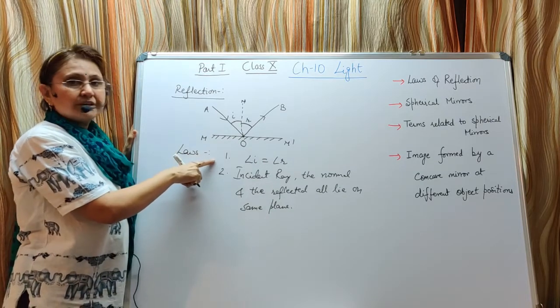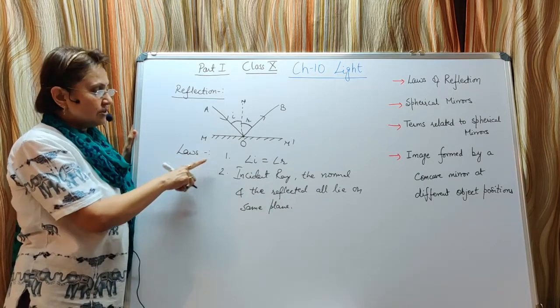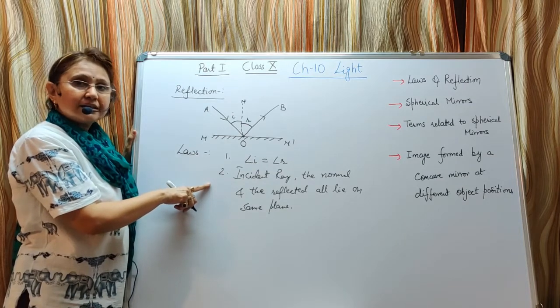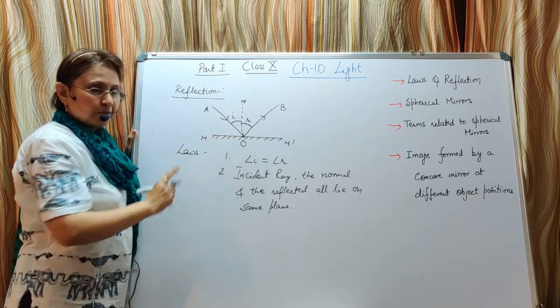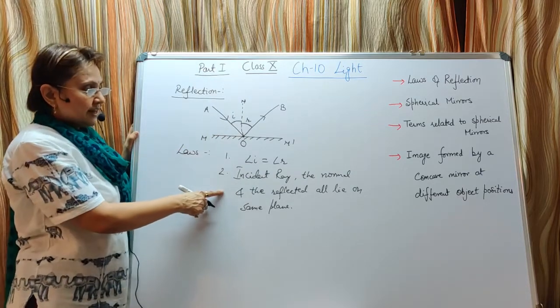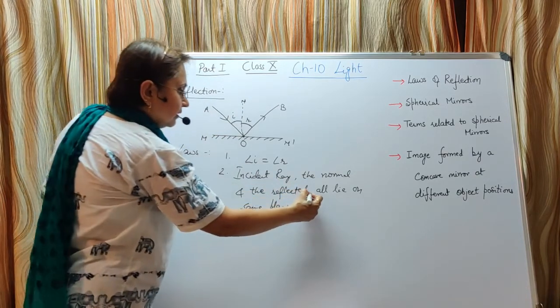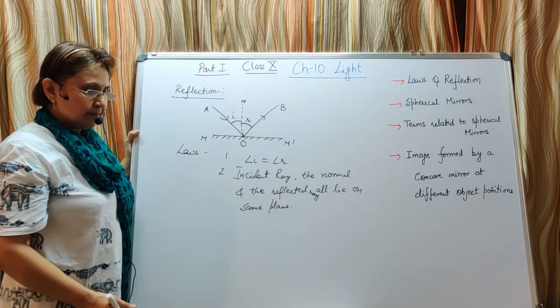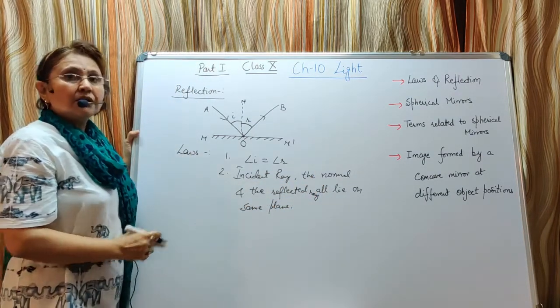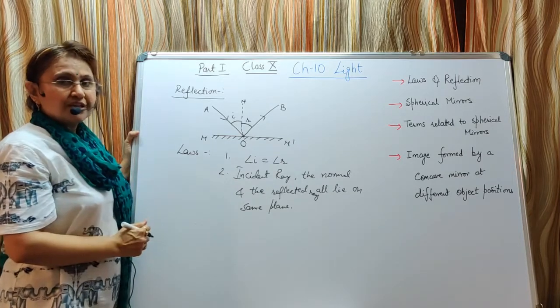The first law is that the angle of incidence is equal to the angle of reflection, and the second law states that the incident ray, the normal drawn at the point of incidence and the reflected ray all lie on the same plane. So these are the two laws of reflection.